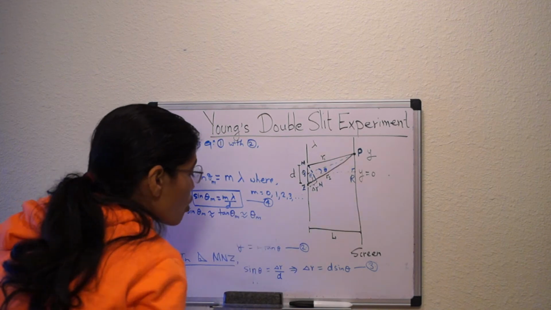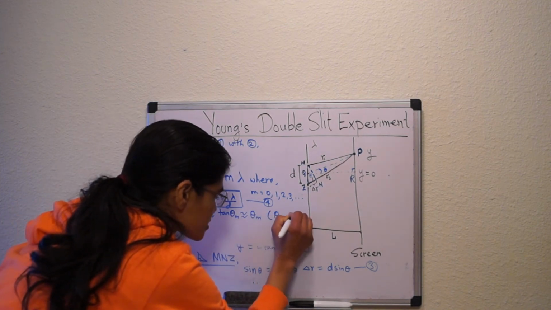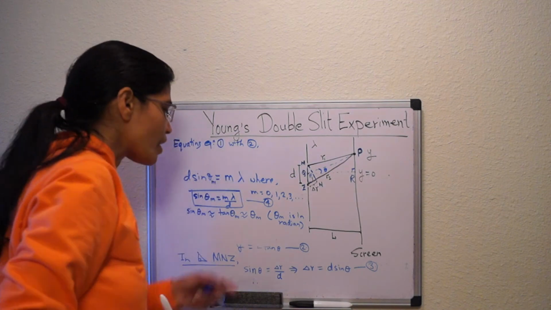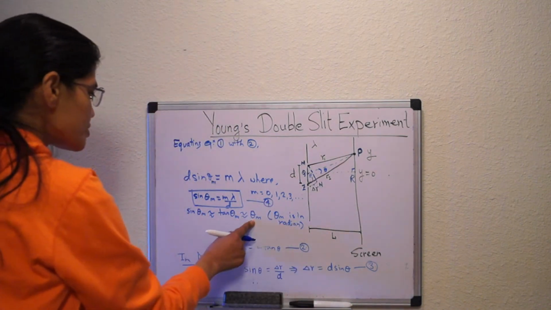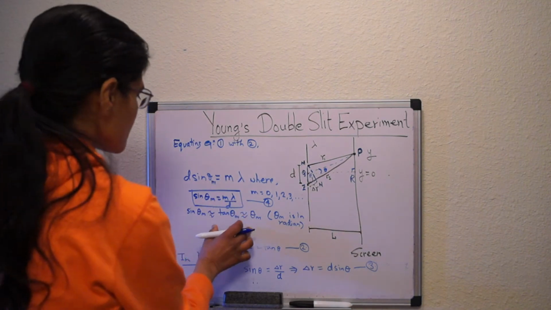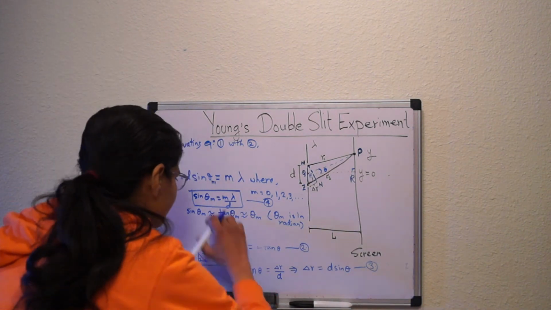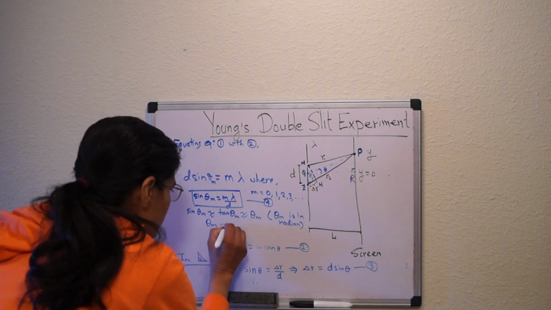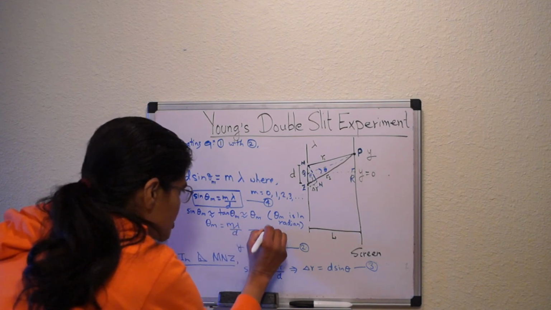Make sure theta m is in radian scale when you do the calculation. This is called small angle approximation. If we do that, then we can write theta m equal to m lambda by d. Let's call this equation 5.